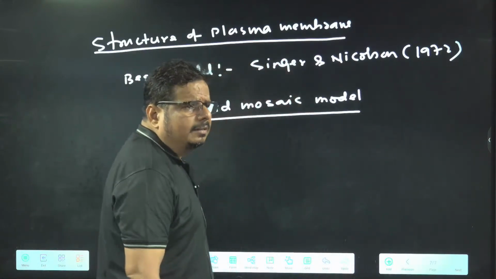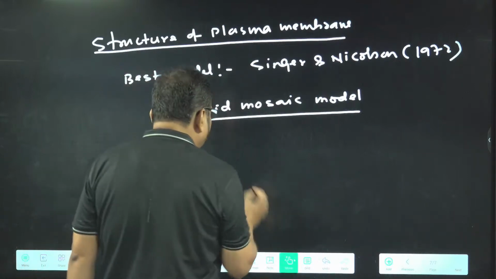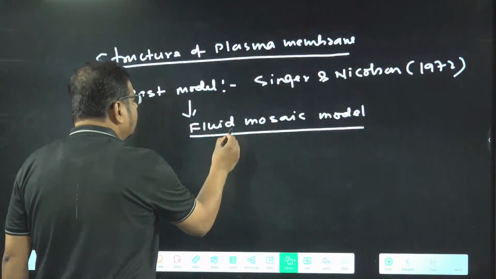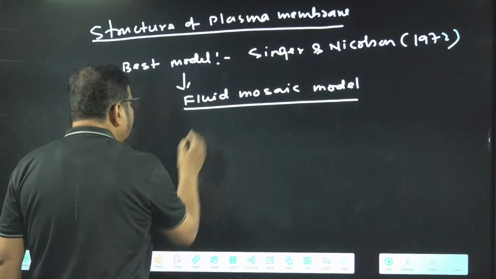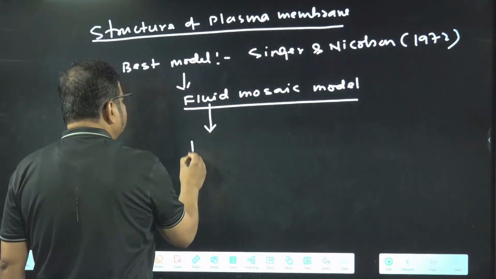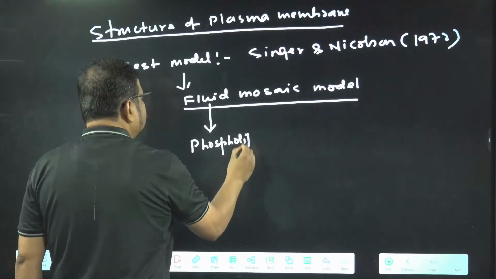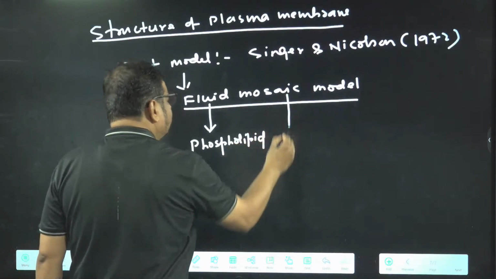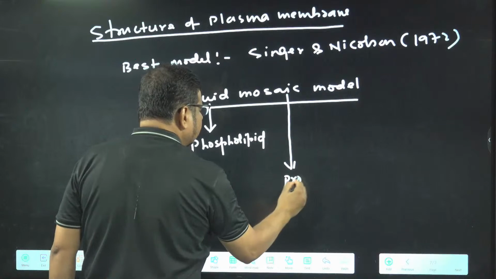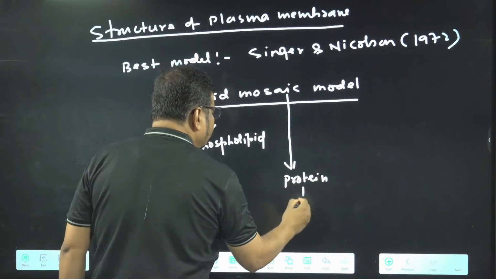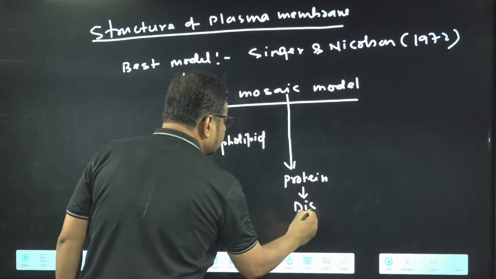Now I am telling you what they said in the fluid mosaic model. The fluid component of the plasma membrane is made by phospholipid, and in the phospholipid, protein is present as a mosaic, arranged discontinuously.